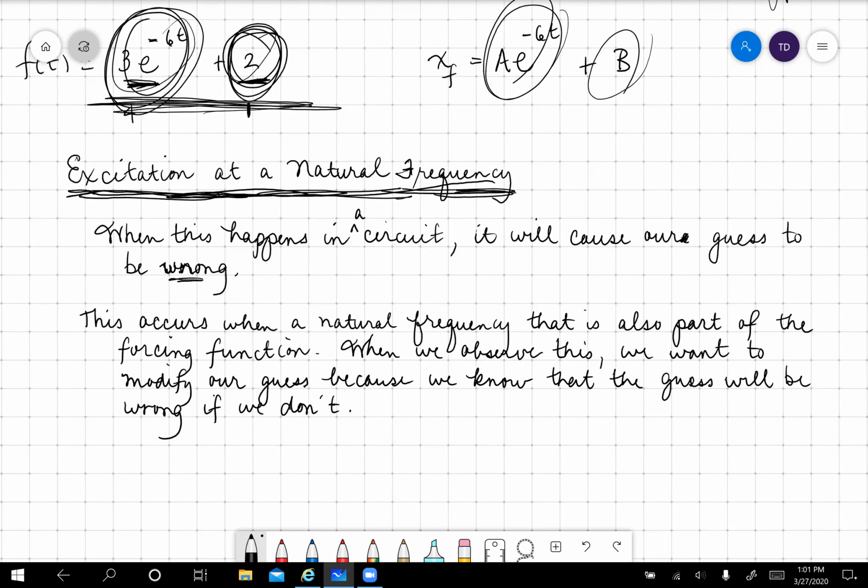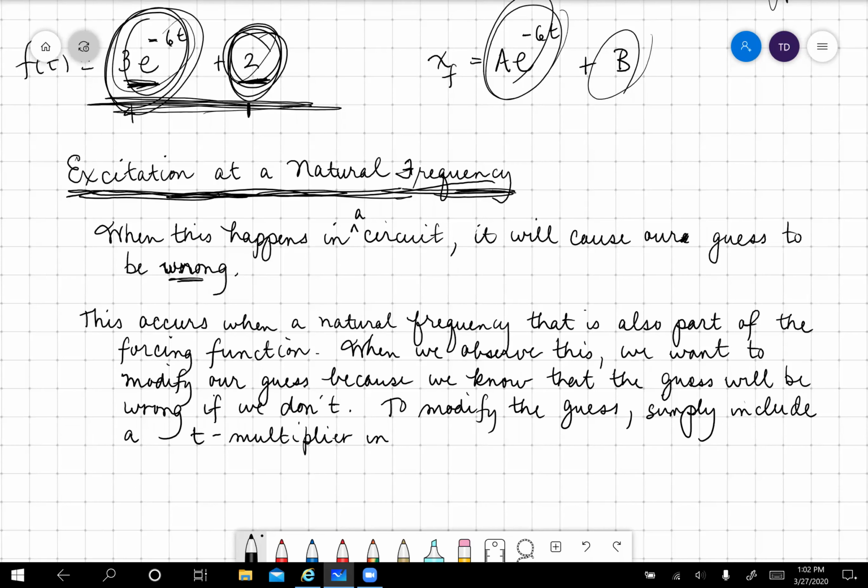And the modification, the way we describe the modification, to modify the guess, simply include a T multiplier in the appropriate place. And hopefully we'll completely understand what this means.